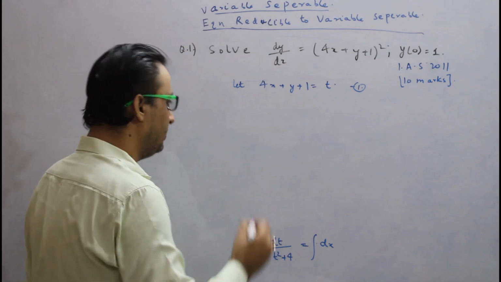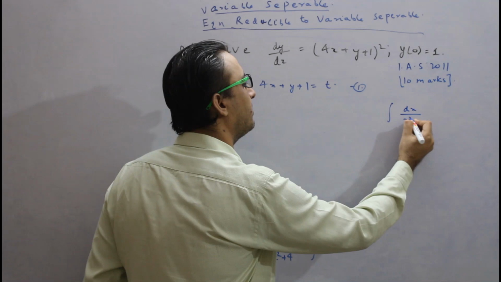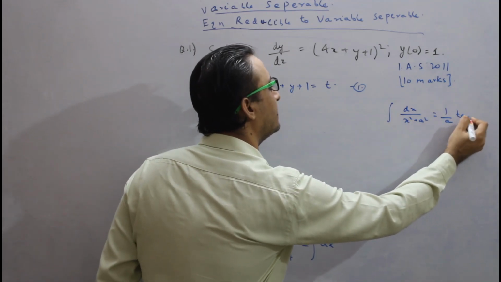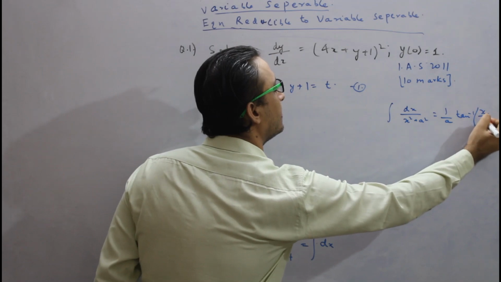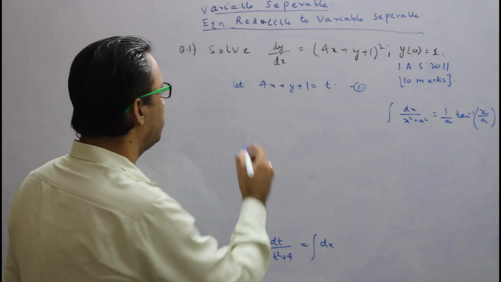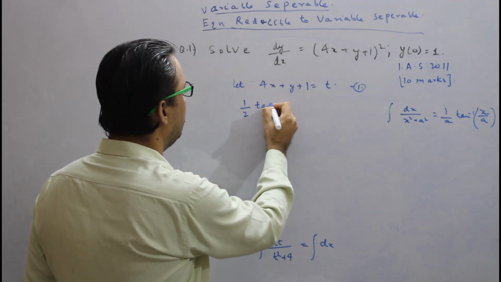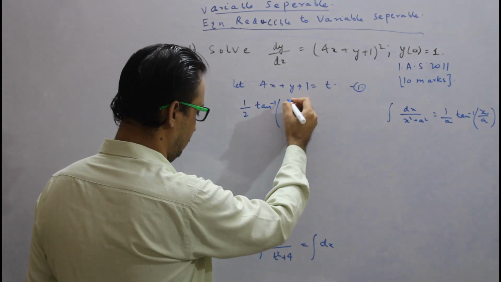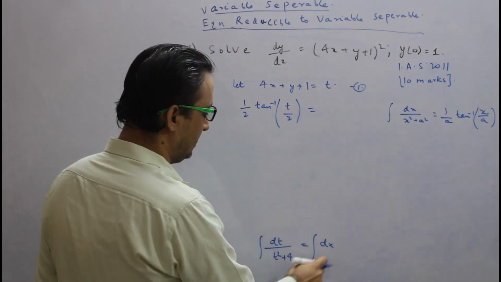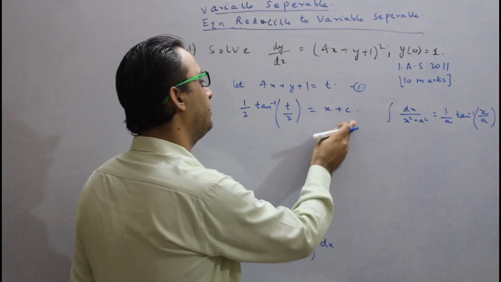So we know that the integration of dx by x square plus a square is equal to 1 by a tan inverse of x by a. So here it is in the standard format. So we can write it as half of tan inverse t by 2 is equal to, this derivative dx, integral is x, and we have to add a constant.